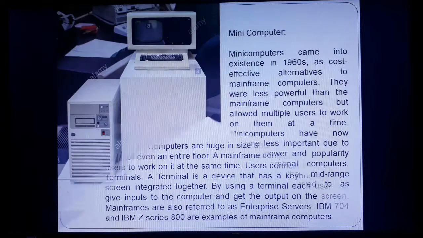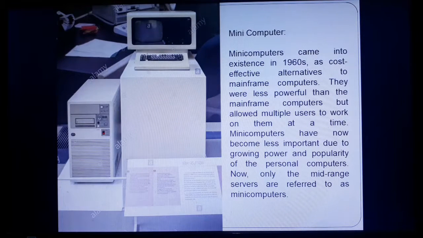Now come to the next, the mini computer. Here you can see an image of a mini computer also. Mini computers came into existence in the 1960s as cost-effective alternatives to mainframe computers.